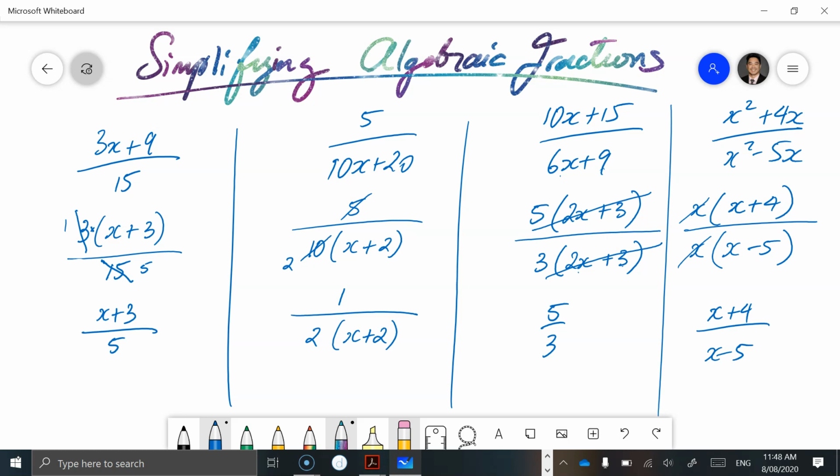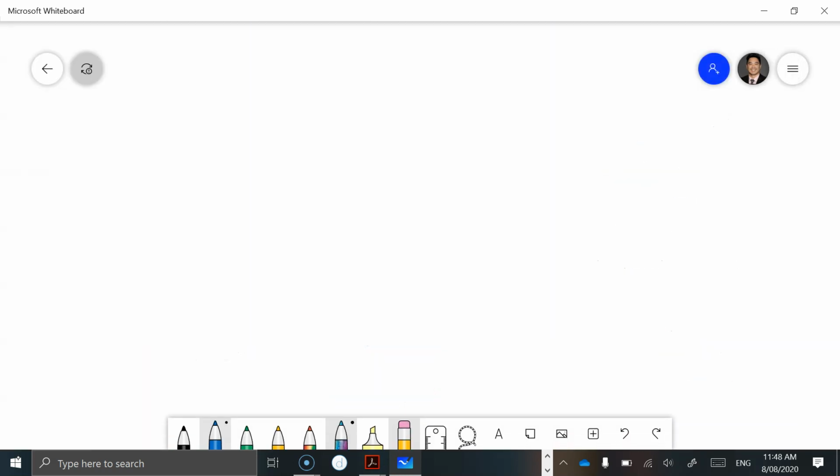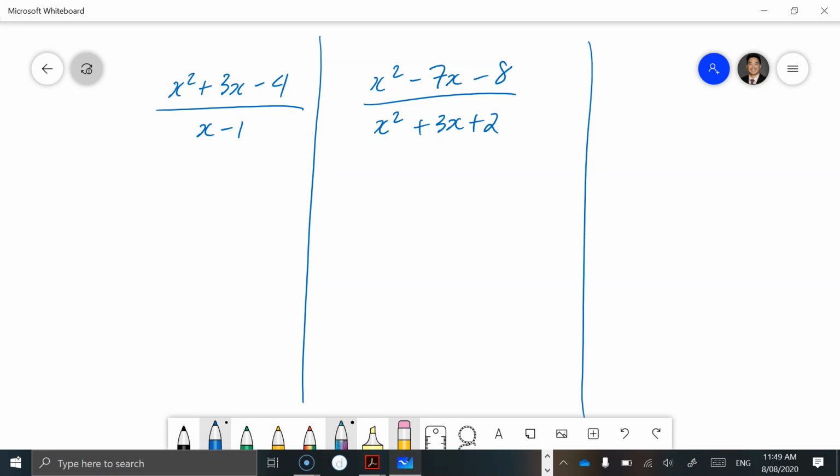Okay, let's keep on moving on to more substantial ones, and we'll have, say, x squared plus 3x minus 4 divided by x minus 1, and then we'll have, say, x squared minus 7x minus 8 over x squared plus 3x plus 2, and then even further from that we'll have x squared minus 6x plus 5 over 2x squared minus 16x plus 30.